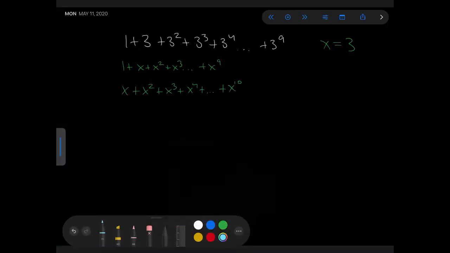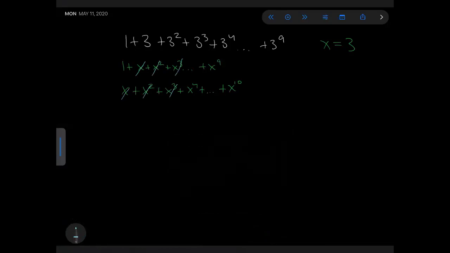If we subtract these two expressions, we're going to get a lot of canceling. These two cancel, these two cancel, these two cancel, everything cancels. All that you're left with is x to the 10th minus 1.